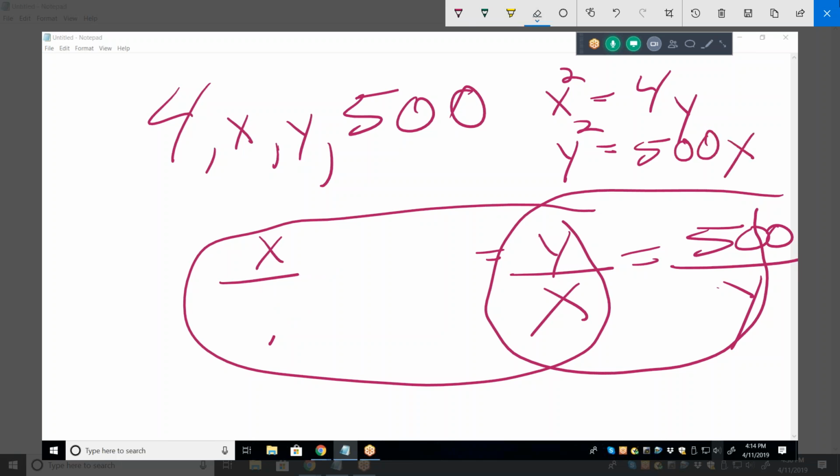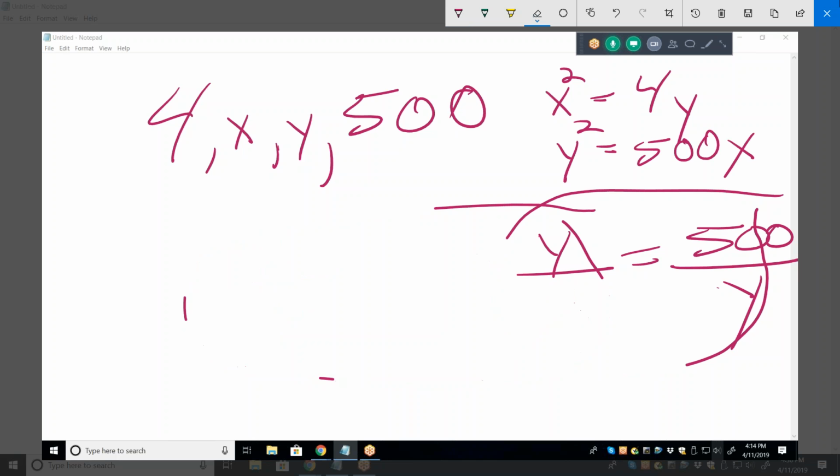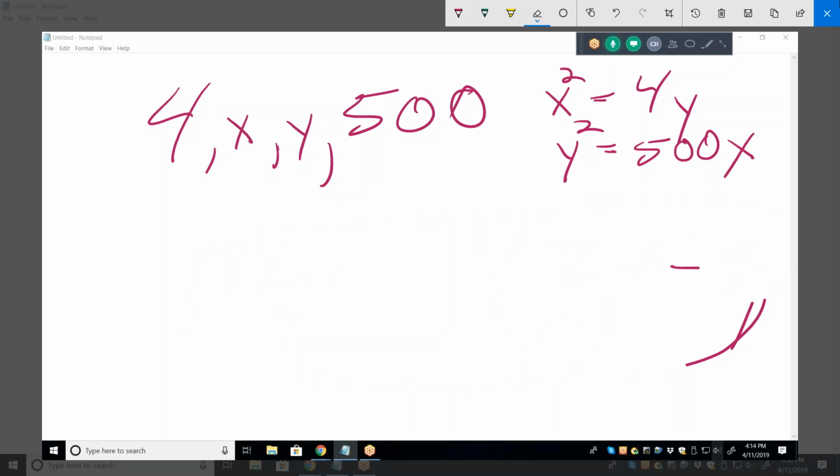Now by substitution we should solve for x and y. So, let's see. Well, I don't think it really matters. We can surely solve this by substitution.